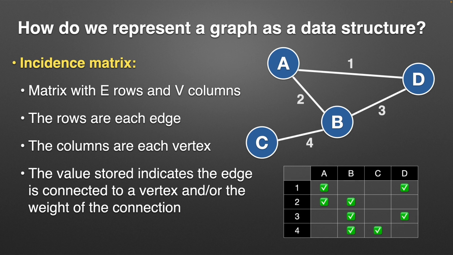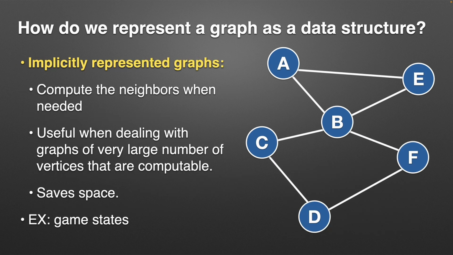Or if you have weights on your edges, you could store the weights in these slots. Might be convenient for that. So a variety of ways to do this. Probably the most common is just having the list of your neighbors stored with you, or if you have a really dense graph, then having that adjacency matrix stored.